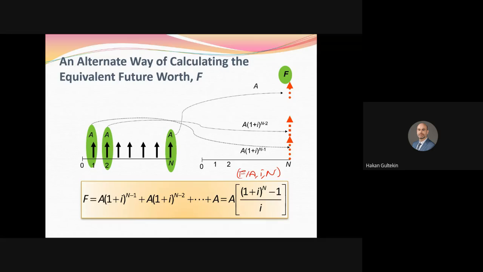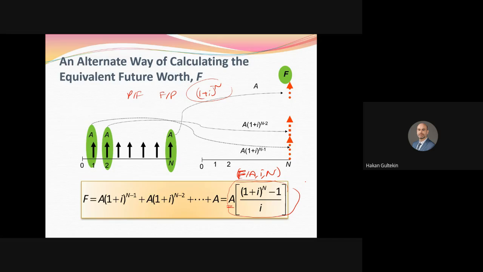Look, for the others, for P given F or F given P, the formulas were very easy: (1 plus i) to the power n or minus n. But when you move to the uniform payment series, the formula is more complex. Therefore, instead of using this formula, using these factors may be more convenient. But still, you can use this formula to make the calculation as well.